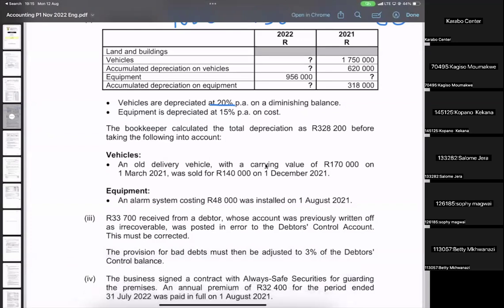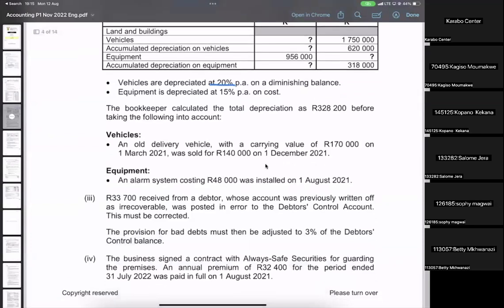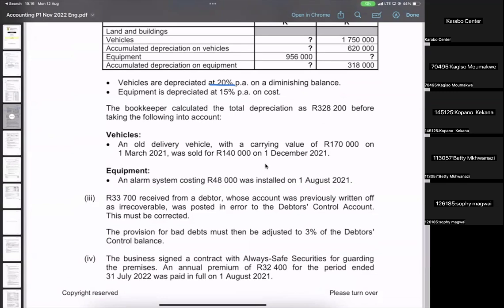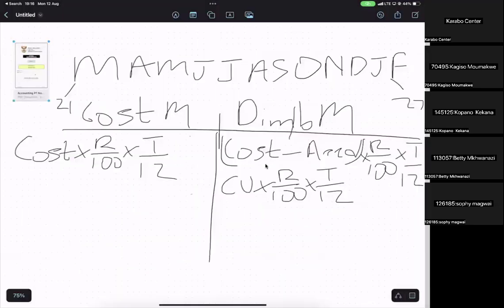And then we read again, we go to our main adjustment. It says an old delivery vehicle with a carrying value of 170,000. So listen to this statement. It says this vehicle had a carrying value of 170,000 on 1 March 2021. So let's go back.